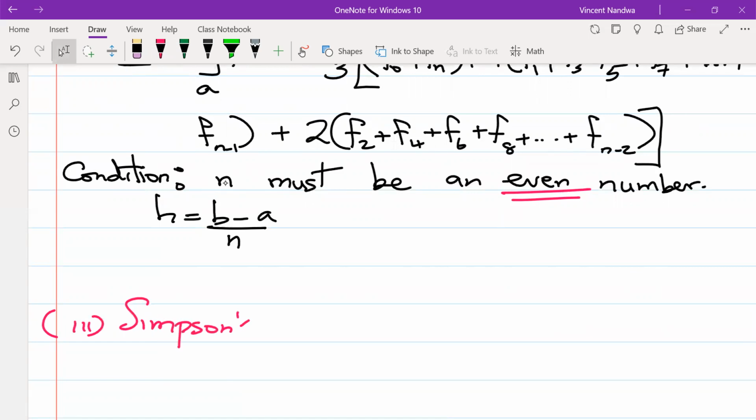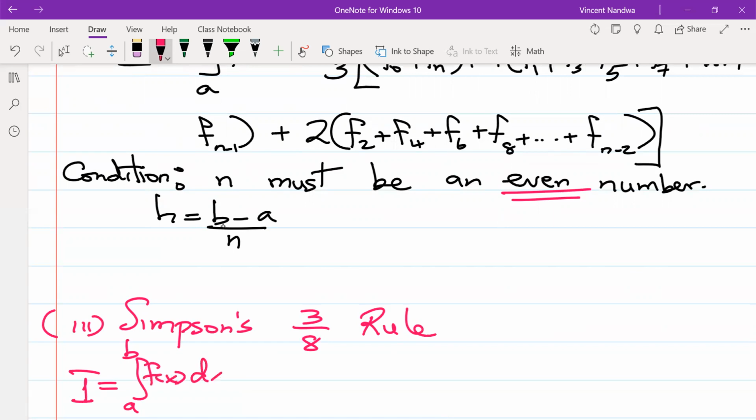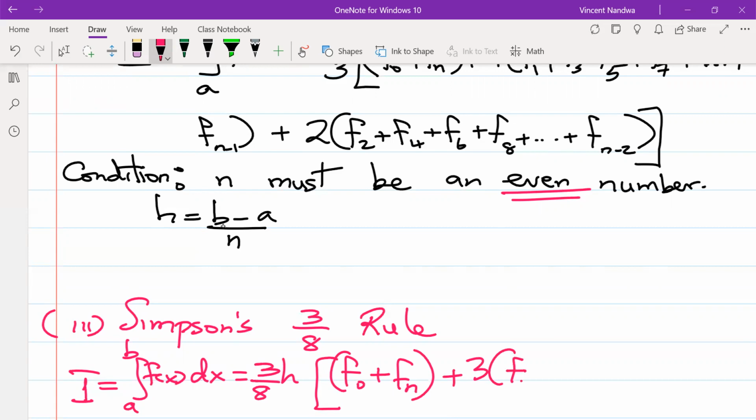Simpson's 3/8 rule. So to carry out the integral from a to b of f of x dx, we'll have 3/8 times h into the sum of the end ordinates plus 3 times f1 plus f2 plus f4 plus f5.